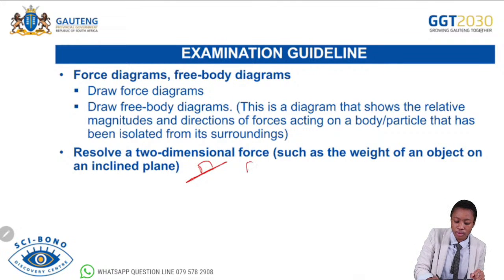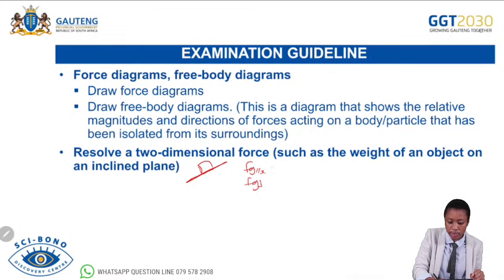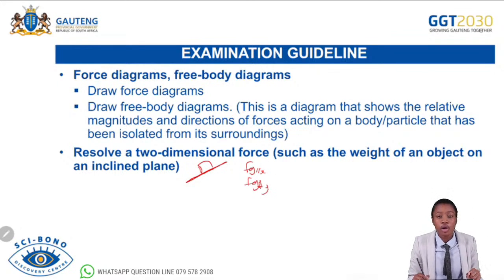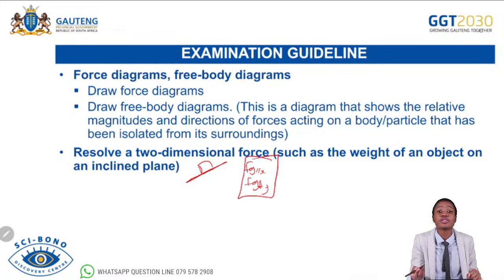There's something called the FG parallel and the FG perpendicular, right? FG parallel will be my x, and FG perpendicular will be my y. We will get to them when we do them extensively. I just want to put it out there that these are not on the data sheet. Please, you need to know them.